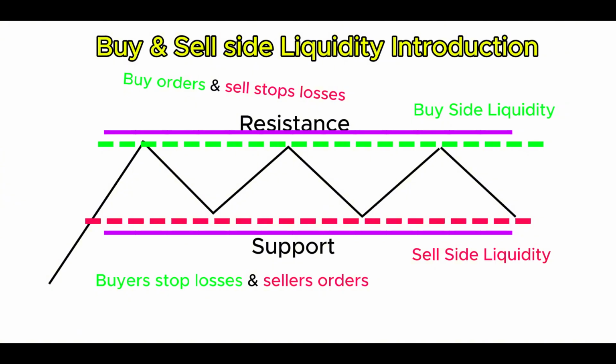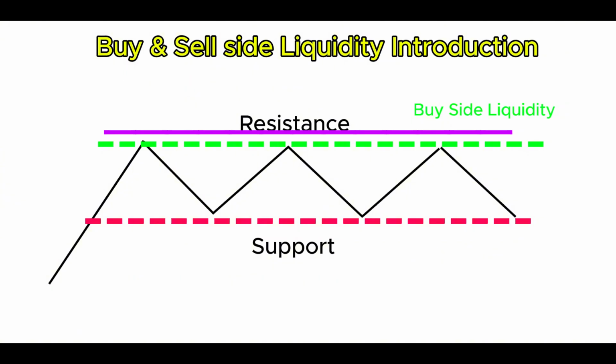Assuming the price is approaching equal highs and retail traders are selling, placing their stop losses above the resistance. If the price breaks through the resistance, it triggers retail stop losses and generates buying pressure, triggering buy stops. This creates an increase in buying orders, which incentivizes traders to keep opening buy orders.